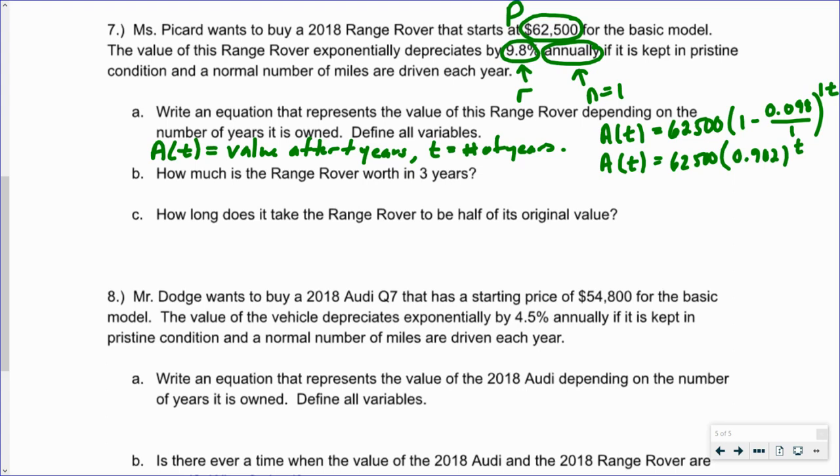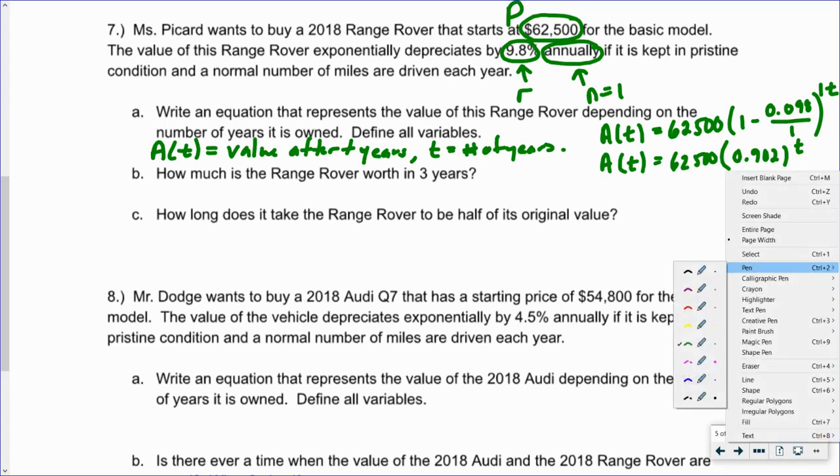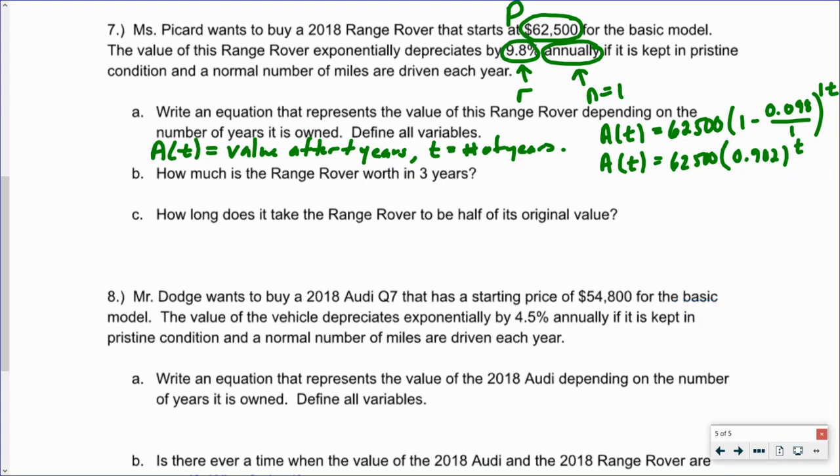So now we can use that formula to predict the value after 3 years. So we're going to do A of 3 equals 62,500 times 0.902 raised to the 3 power, because we're replacing t with 3.